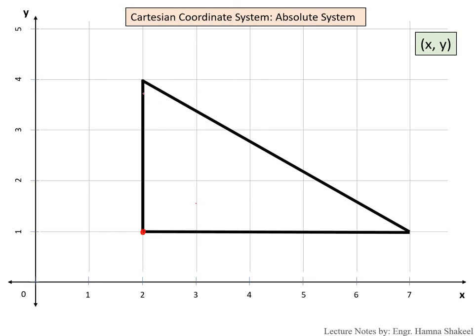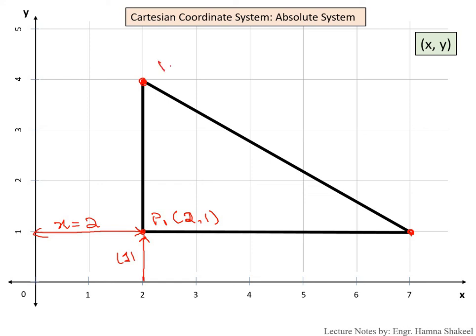Let's define these points using the absolute system. So for point number 1, the horizontal distance is 2 units and the vertical distance is 1 unit. So you can say that the position of point P1 in the absolute coordinate system is 2, 1.